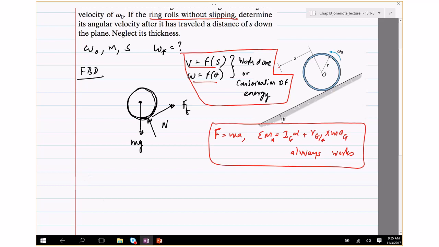So again, as I said, method 1, use F equals ma and the moment equation. Method 2, which is what I'll use here, is the principle of work and energy.